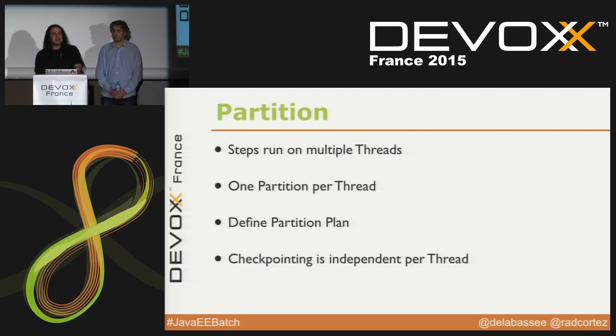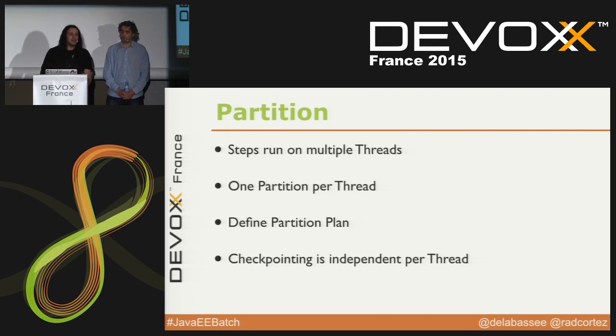Now, one of the things that is very interesting about JSR 352 is the ability to partition jobs. Sometimes we're dealing with so much data that we want a way to process data in multiple partitions at the same time.